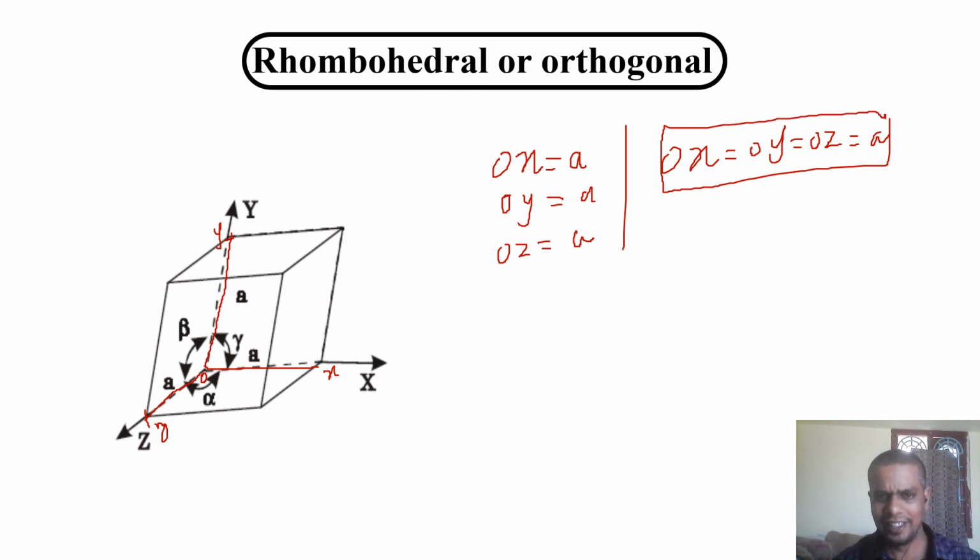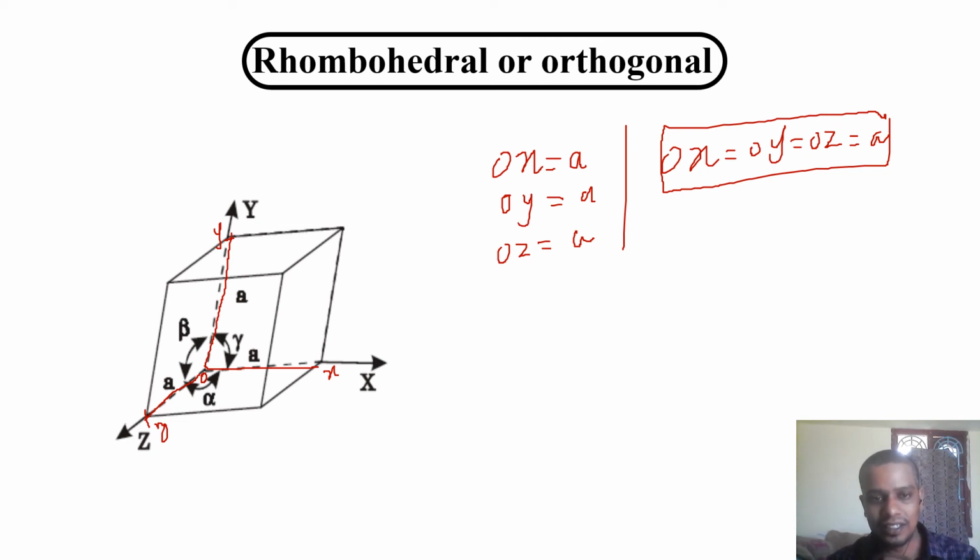What about the angle? In the cubical system, the three interfacial angles are equal to 90 degrees. Here, the interfacial angles alpha, beta, gamma are equal, but they are not equal to 90 degrees. This condition it has to satisfy.